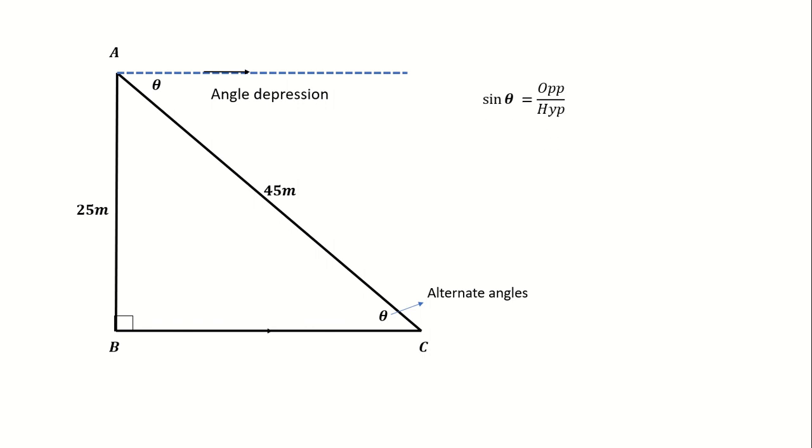So sine of theta is opposite over hypotenuse, which is 25 over 45. Solve for theta by finding arcsine of 25 over 45, and theta will be 33.75. That's all you were required to calculate. So our angle of depression here will be 33.75.